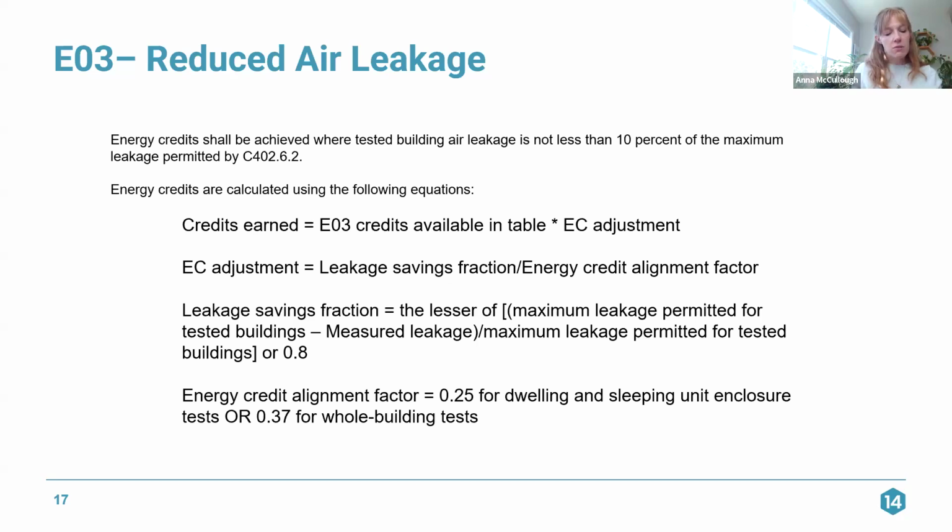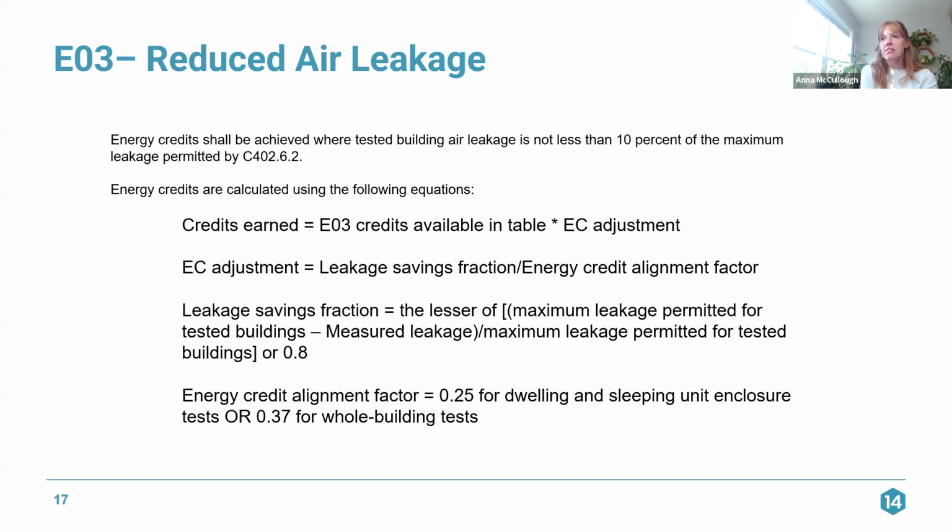The credits you earn are equal to the E03 credits available in the table times the EC adjustment. The EC adjustment is the leakage savings fraction, which we will calculate, divided by the energy credit alignment factor, which is told to us based on the type of occupancy or the type of testing you're providing.